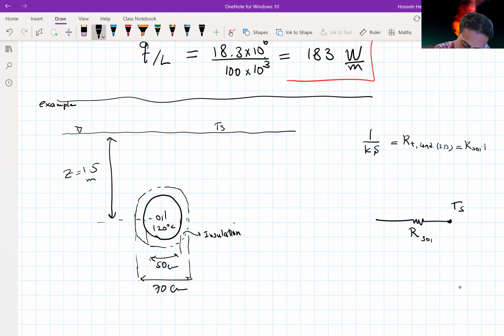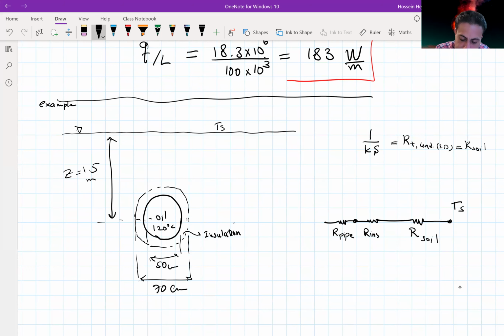So we have this R of soil, which is going to be acting like the 2D from the shape factor that we have. Then we are going to have R of insulator that we have. And then we can have this R of pipe.